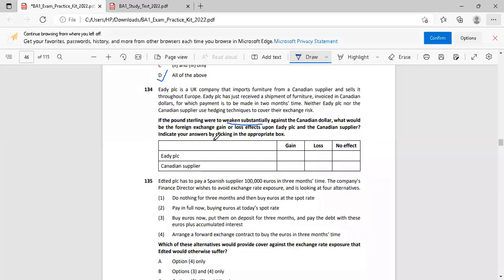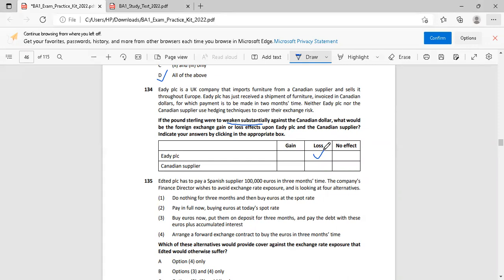So when they have to spend more local currency, it would be a loss for EDPLC. From EDPLC's point of view, it would be a loss because the currency has weakened. From the Canadian supplier's point of view, he will be receiving his own dollars, but unless and until he has to pay, there is no impact.